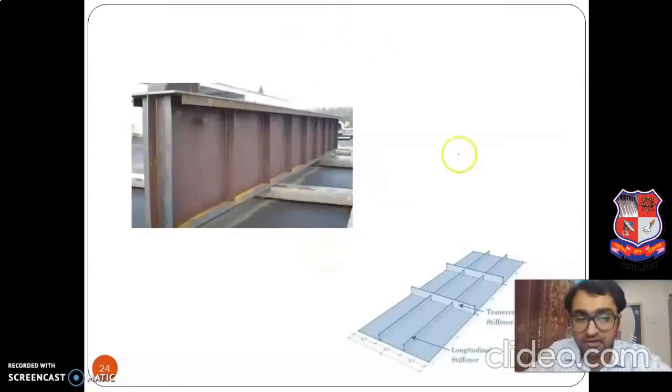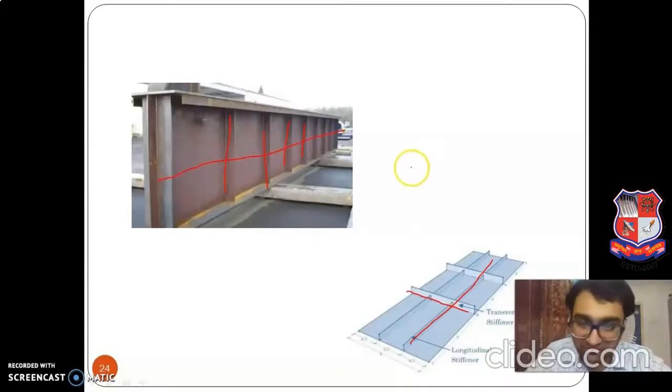Now again, it is very clear from this: you can see over here, this is the transverse stiffener, this is a longitudinal stiffener. This is a real example. Here we have only vertical stiffeners, we don't have longitudinal stiffeners. If I provide a stiffener like this, it's known as a longitudinal stiffener.